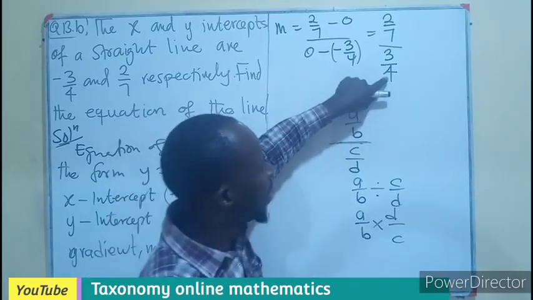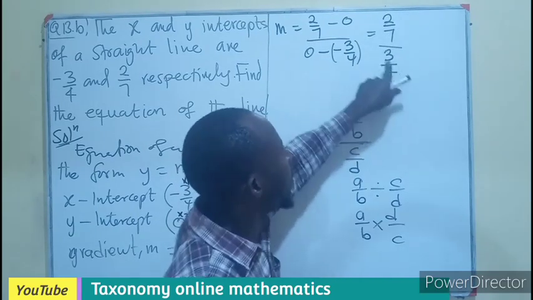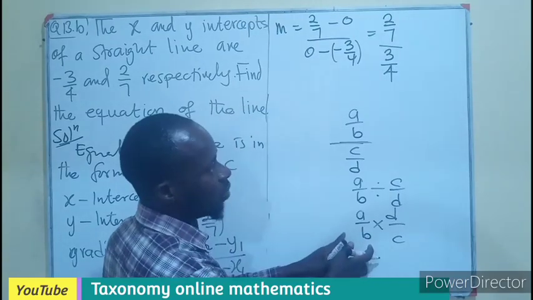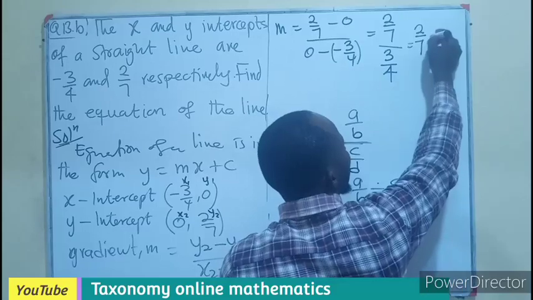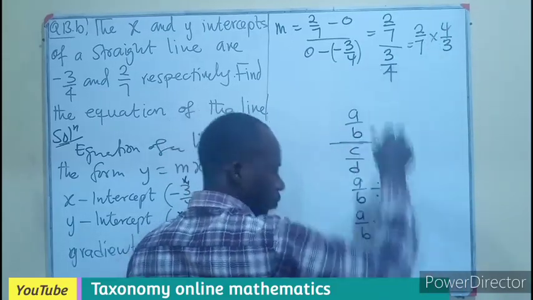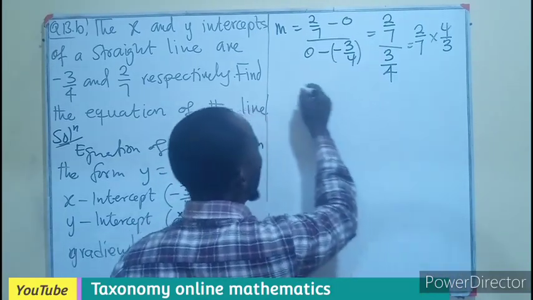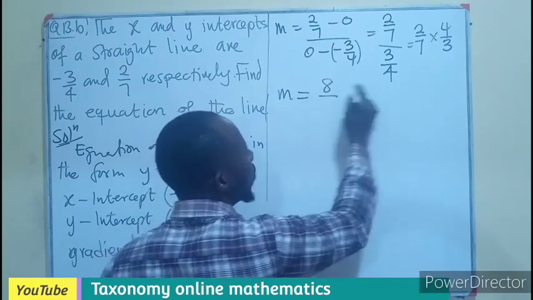So here I'll only take 4 to multiply 2, then 3 multiply 7. So this is going to be 2/7 times 4/3, changing the position of the 2. And that will give us our gradient to be equal to 8 over 21.